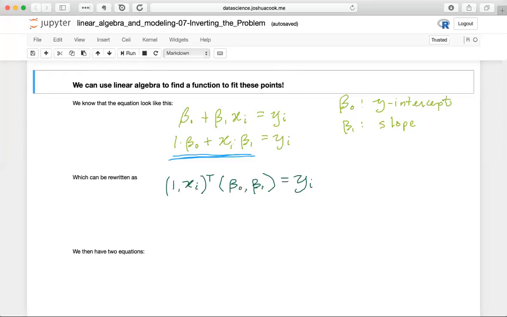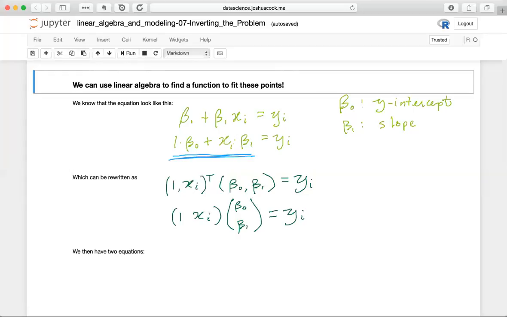And I'm even going to rewrite this one more time. I'm going to write it as a row vector, 1, x sub I, times a column vector, beta 0, beta 1. And that's going to be equal to y sub I. Now we can take this and combine it with the points that we have previously.